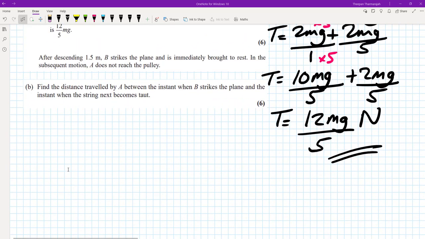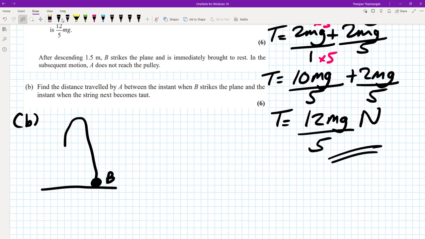So let's draw a diagram so we can visualize what's going on. So here's the ground. B hits the ground, and then what happens is, here's A. Then what happens is, I'm going to draw this in pink. So A is going to carry on moving to some maximum height there. Let's call it the maximum height.